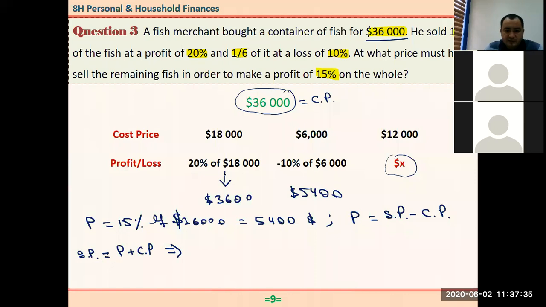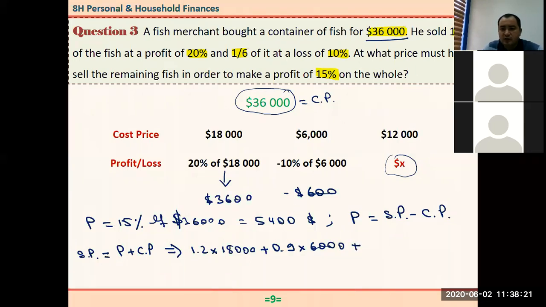What is selling price? Selling price is this much, right? 1.20, because 100% plus 20%, times 18,000, plus this one, 0.9, because we are losing 10% here, times 6,000, right?